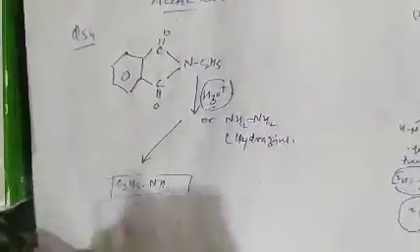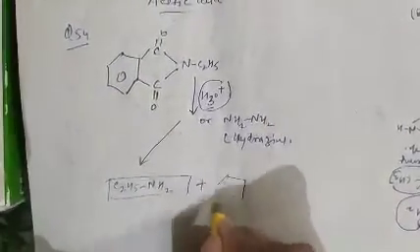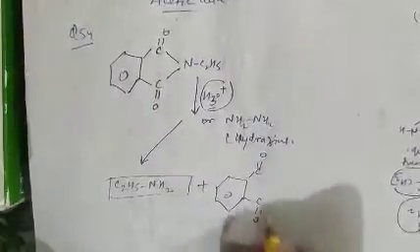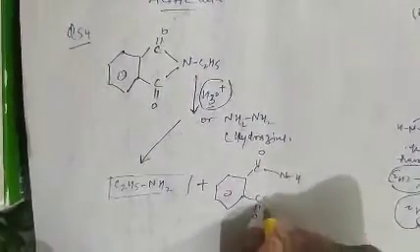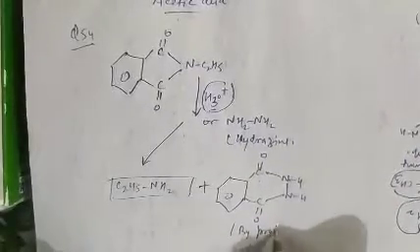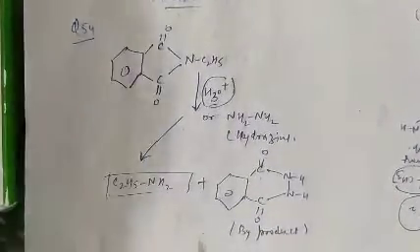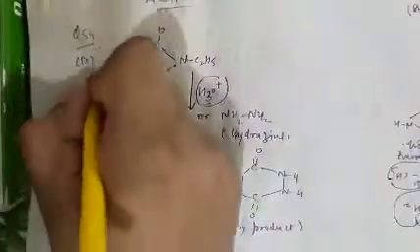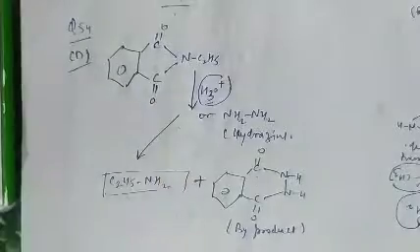One product will be this one, and the other will be a byproduct, that is C double bond O, NH. So for question number 54, hydrazine is used, and option D is correct as per the NTA answer key.